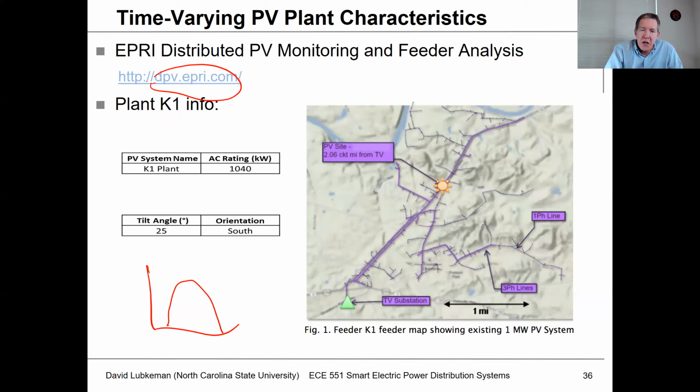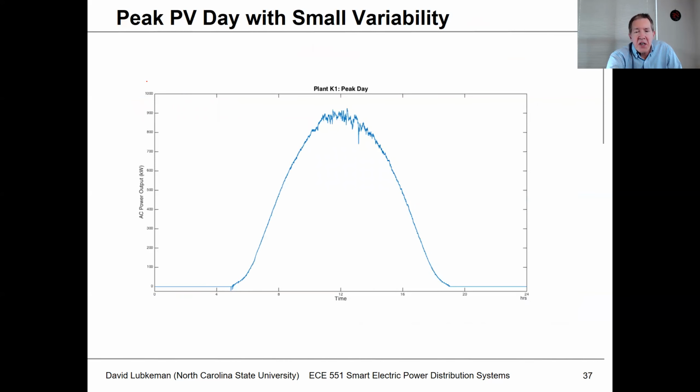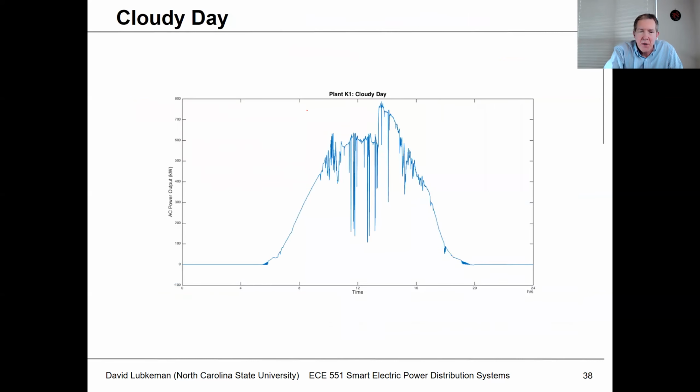What's interesting about this is you can see that even on a completely sunny day, the output's a little fuzzy toward the top of the curve. There's always some deviation in irradiance. So you have these full sun days where you have a small variability, but then you have these cloudy days, especially when you have variable cloud cover, where the output can drop rather dramatically.